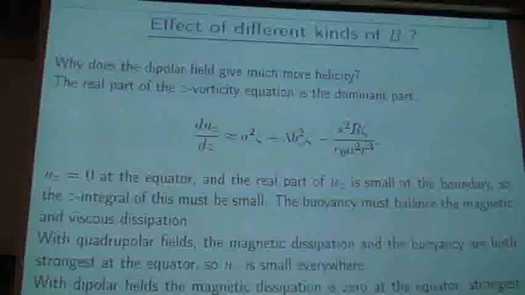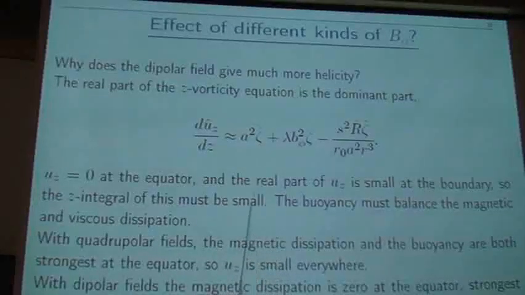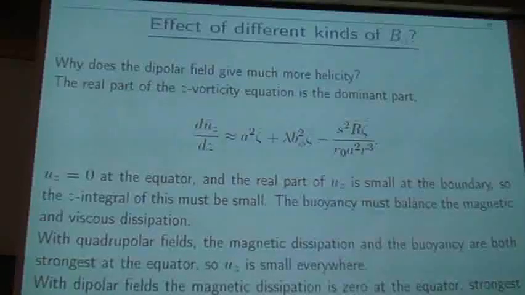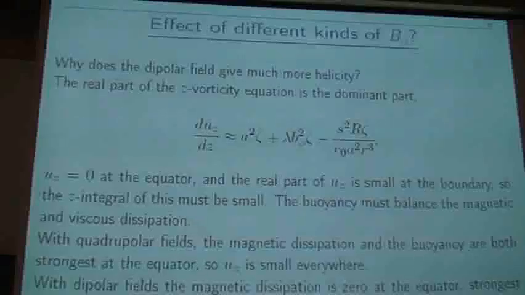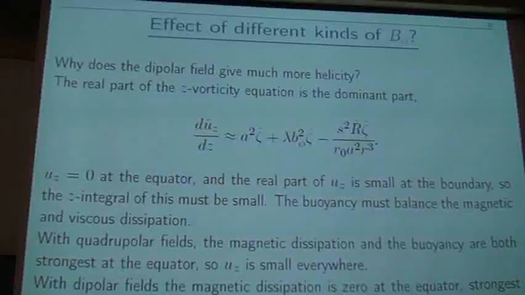Now, if these things were locally in balance everywhere, if the buoyancy balanced the friction everywhere, then there'd be no need for this term here. You could have that term very, very small. So if the balance is local, i.e. at each point the buoyancy force is exactly equal to the magnetic friction plus the viscosity, then there's no need for any duz by dz term.